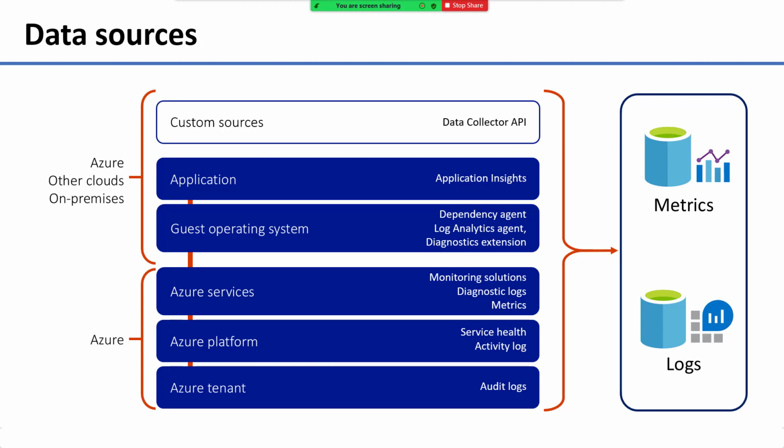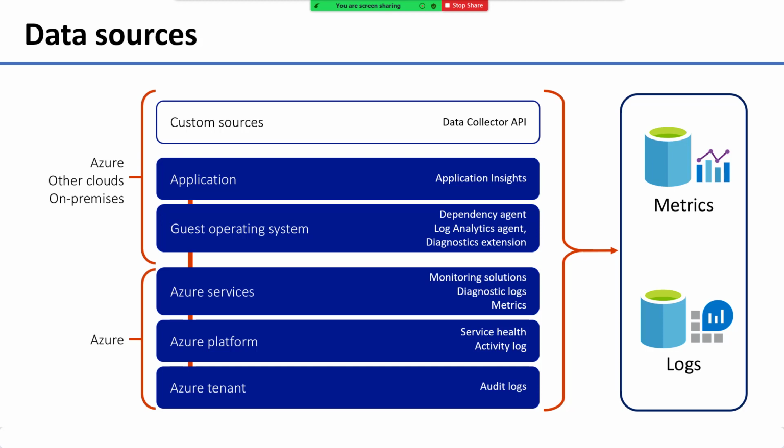If you have an application deployed into Azure, say an Azure web app or Azure function, then you can configure Application Insights. You just need to configure Application Insights and your application-related data will start flowing into the logs.